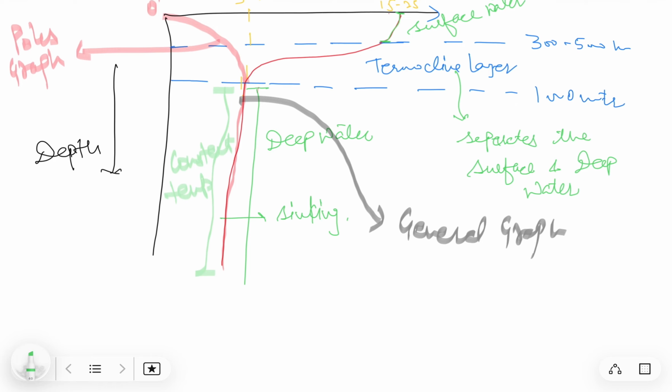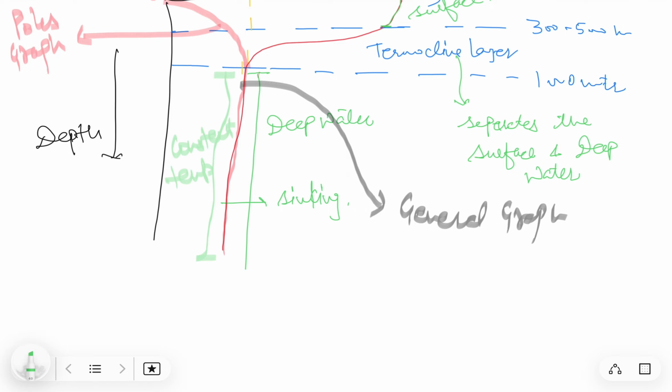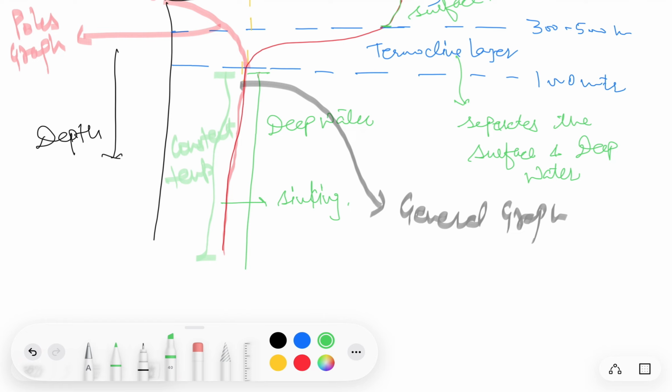Now similarly, this is the thermocline layer.